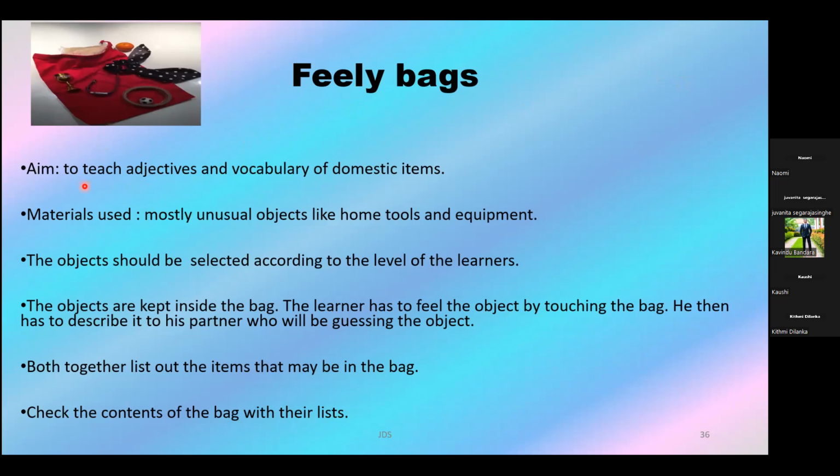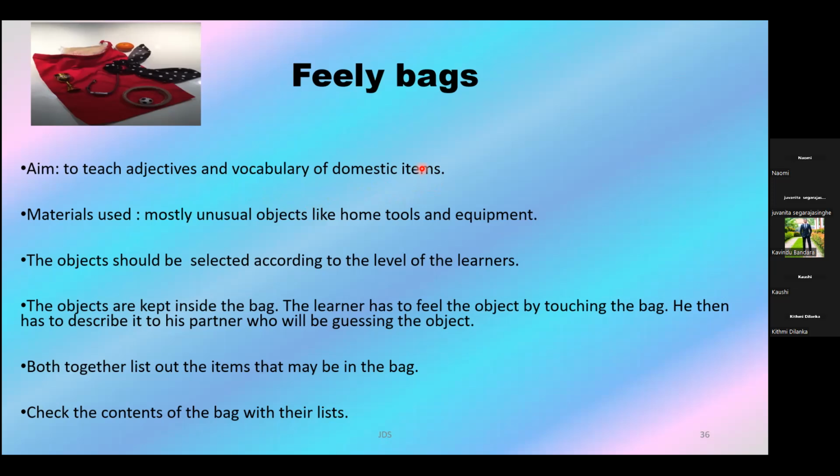So look at the aim: to teach adjectives, basic vocabulary plus adjectives of domestic items. Mostly the rarely used domestic items, very small ones. You can't have big domestic items put inside the feely bag. So the items should be small.